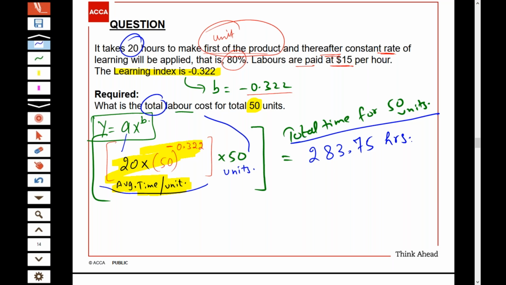283.75 hours, and the labor is being paid at $15. Multiply by $15.